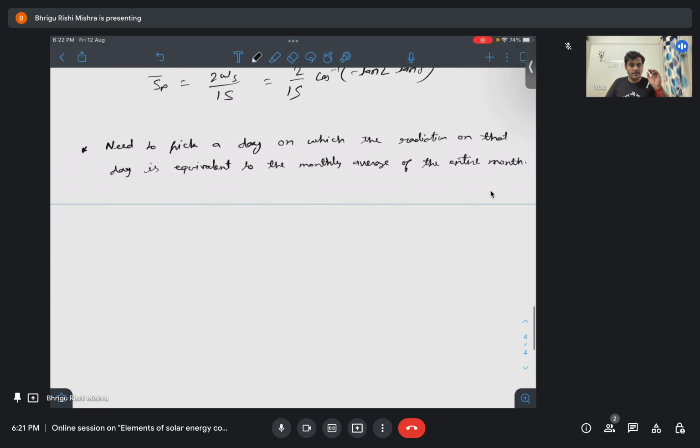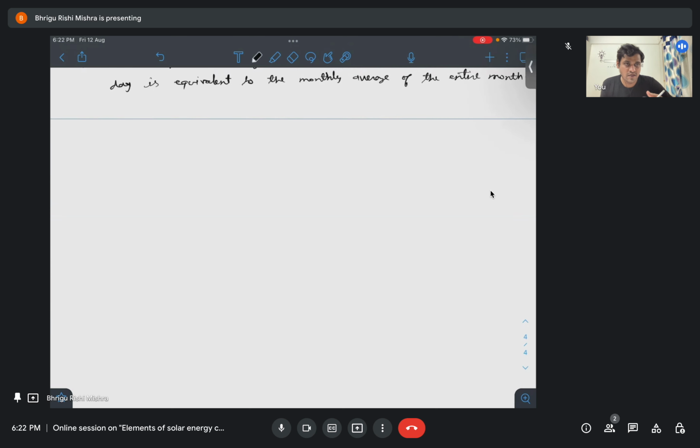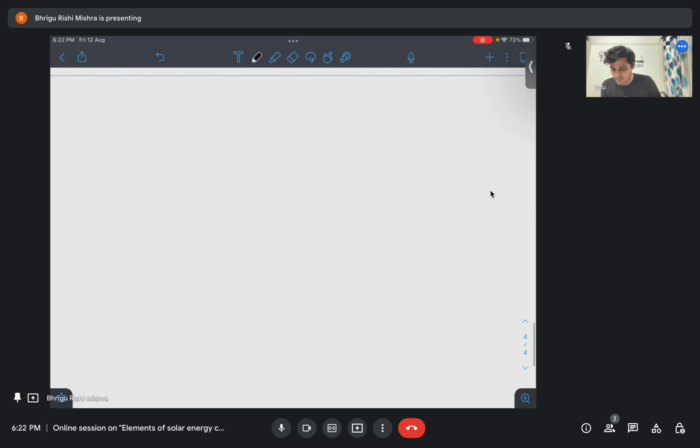So we calculate the radiation on a particular day, and check whether it is equivalent to the monthly average radiation of that particular month, and if both match, then we can represent the radiation on that day as the monthly average radiation of the entire month. The list has been given in the lecture, and you will also find it in several books.